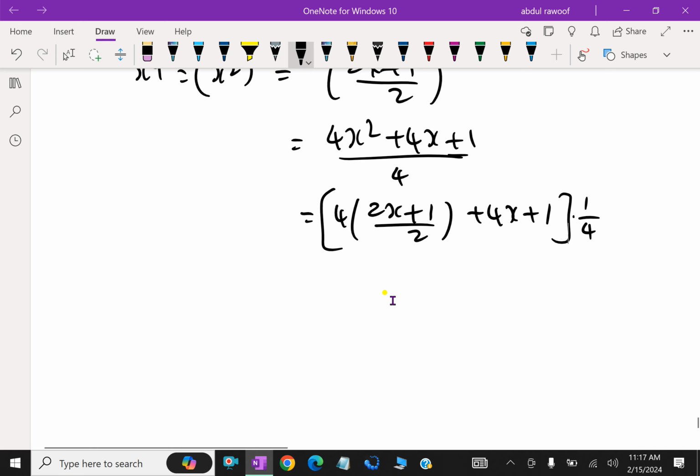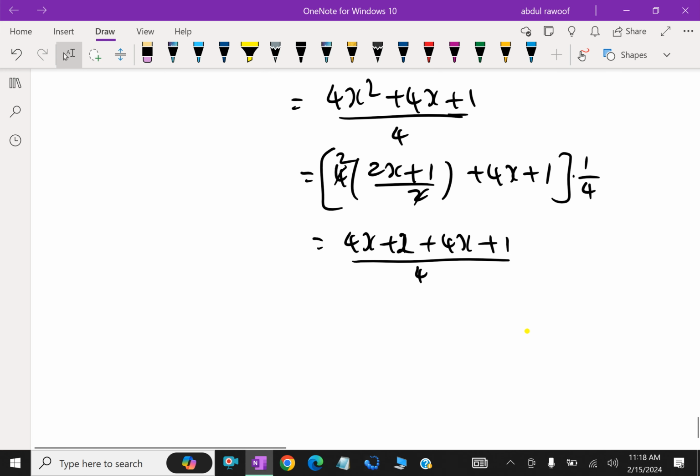Now here 2 cancels, that is 4x plus 2 plus 4x plus 1, because 2 into 2x is 4x, 2 into 1 is 2, over 4, that is (8x plus 3) by 4.